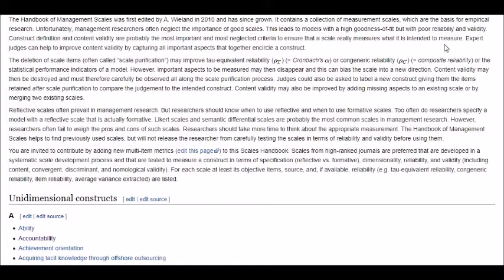Expert judges can help to improve content validity. When I'm talking about expert judges or expert opinions, a complete video has been recorded, and I'll be sharing it very soon. They really help you to improve the content validity, and they capture all the important aspects that altogether encircle a construct.